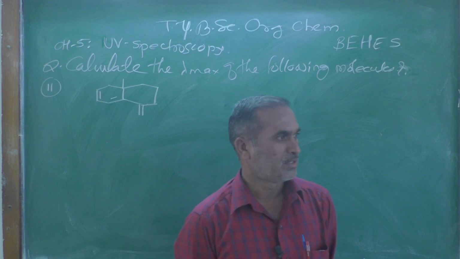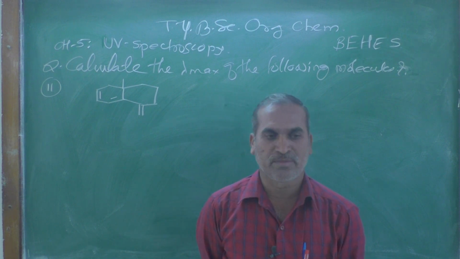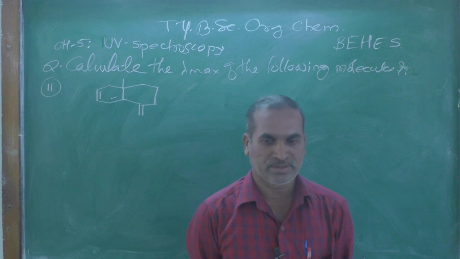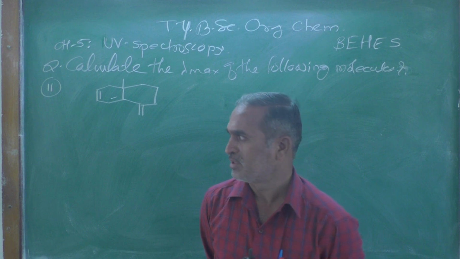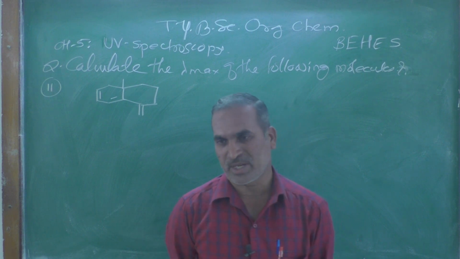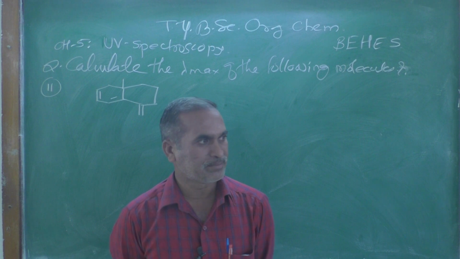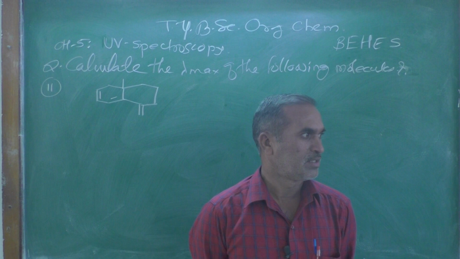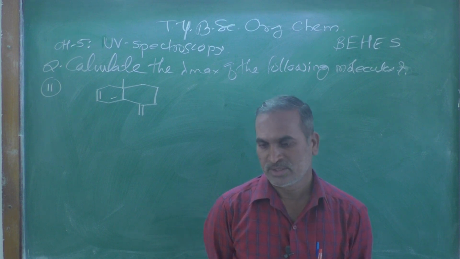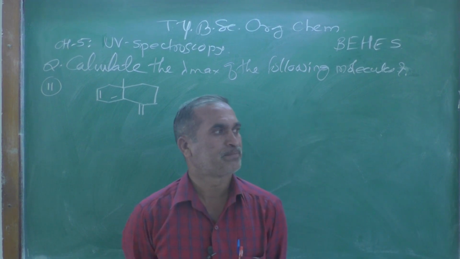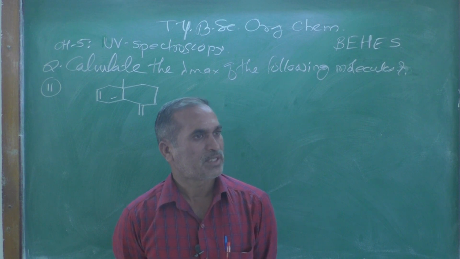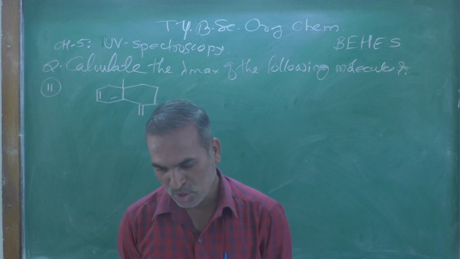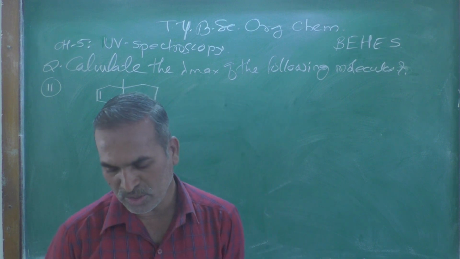If there is an extra double bond, you should add 30 nanometer. And if substituent ring residues or alkyl groups are present, you go on adding the values which are given in the standard tables. So you can take the values and try to solve the problem based on it.